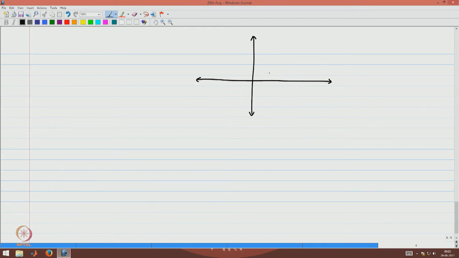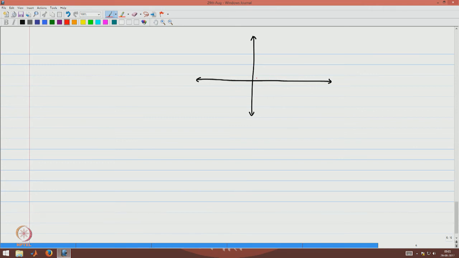In one branch your theta will be between 0 and pi, in the upper half plane, and in the other branch your theta will be in the lower half plane. So what we say is that there are these two branches of the square root function.